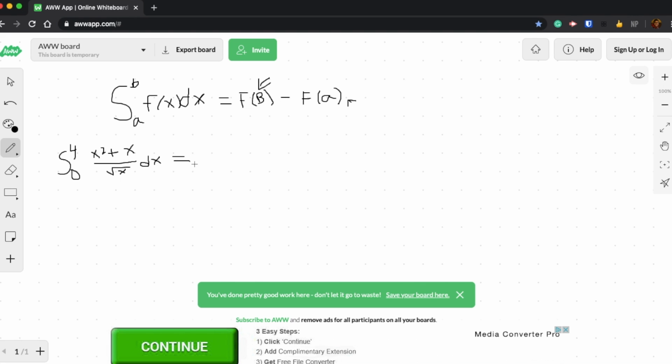Alright, so next step, same thing for 0 to 4, it'd be x squared over root x plus x over root x.